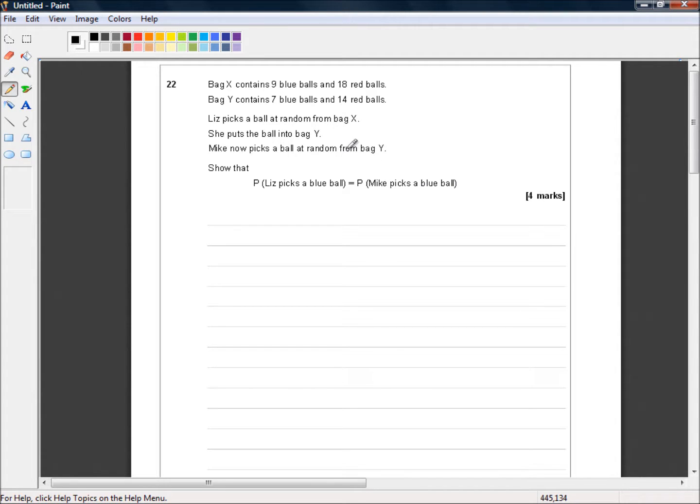Okay, so let's start off finding the probability that Liz picks a blue ball. There are 9 blue balls and 18 red balls, so there are a total of 9 plus 18 equals 27 balls in total. They've kindly put that information here for me.